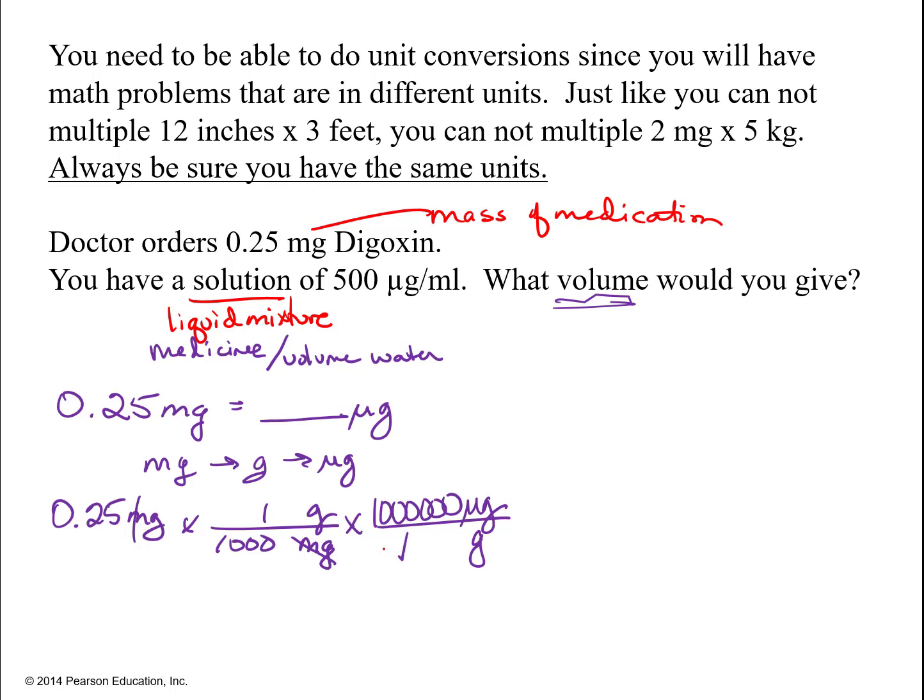In doing this math, 0.25 times 1 does nothing, but times a million does change it. So 0.25 times a million, then divide by 1,000. It's 250. And now make sure that you put the answer unit there. So now I know I have 250 micrograms.